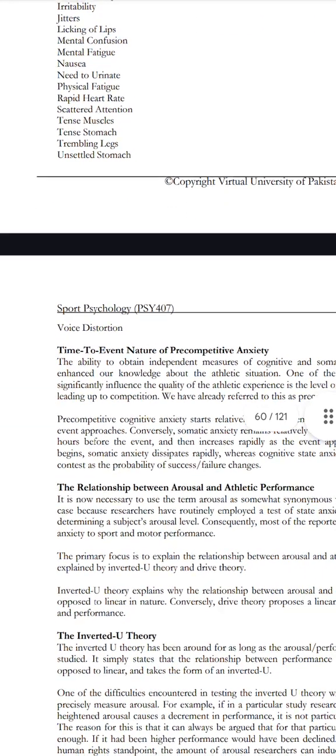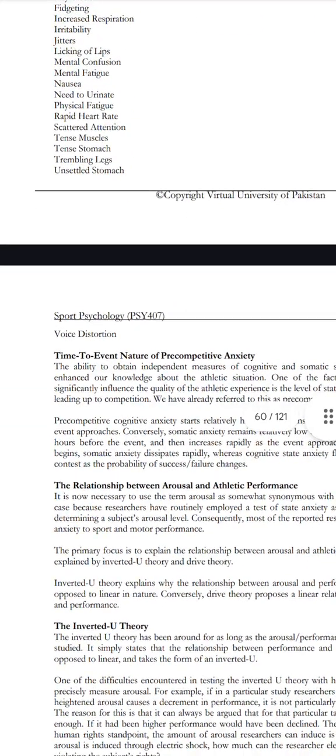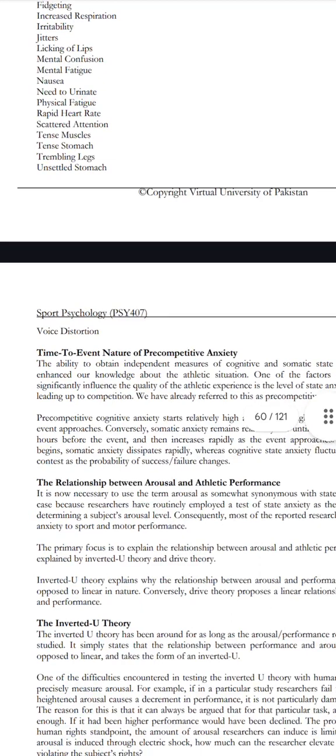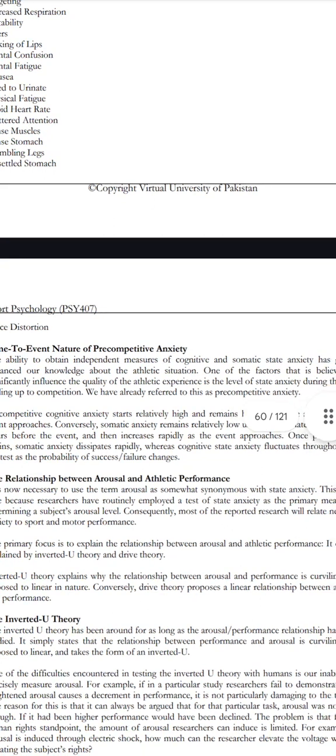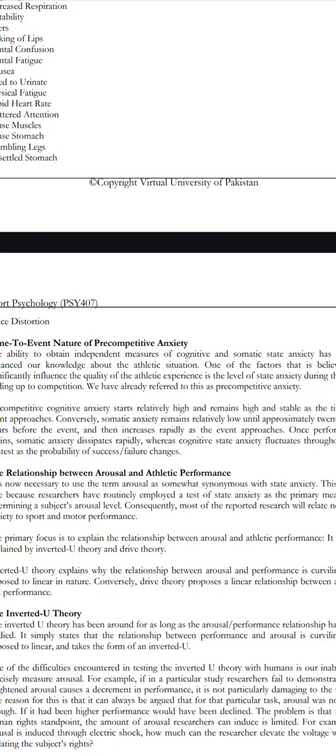The second topic is the time to event nature of pre-competitive anxiety. When we talk about time to event nature, it is the ability to obtain independent measures of cognitive and somatic state anxiety.